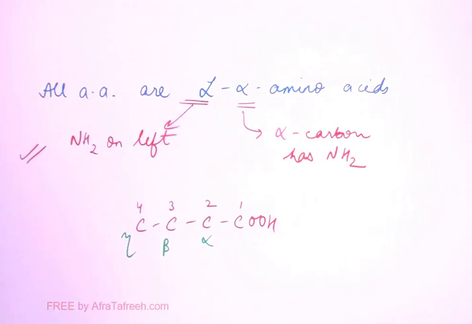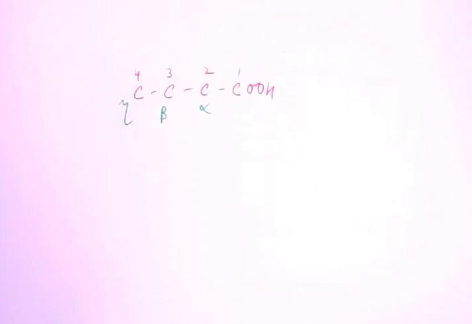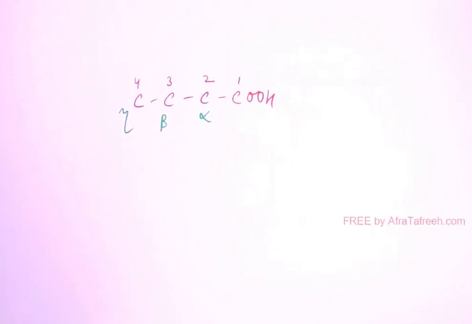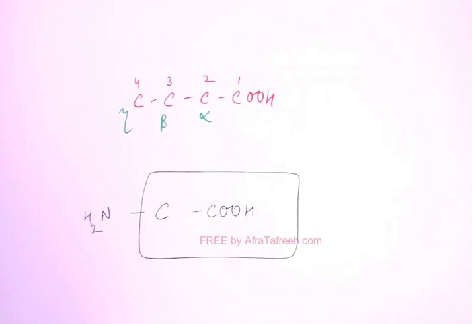Now what do you mean when we say amino acids are alpha amino acids? Let's see the structure of amino acid again. See, amino acid is carboxy here, carbon, central carbon here, and then amino group here. You know, here we have one H, here we have one side chain. I'm not making that. Let's make it simple. See, can I say this amino acid is a kind of 2-carbon acid?